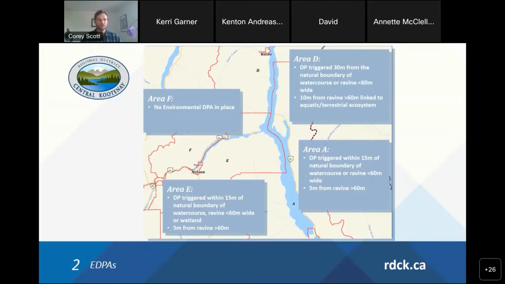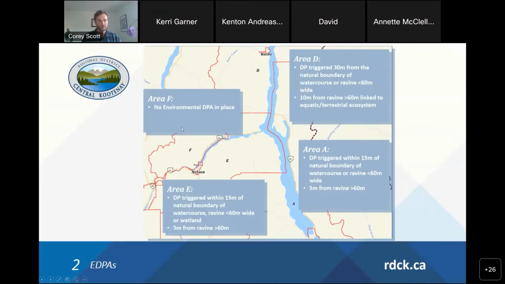So the map here shows where EDPAs exist along Kootenay Lake shoreline. So in electoral areas A and E, these are the areas within 15 meters of the natural boundary of a watercourse like Kootenay Lake. In area D, it's within 30 meters of the natural boundary or high watermark. And then in area F, there's currently no DPA in place.